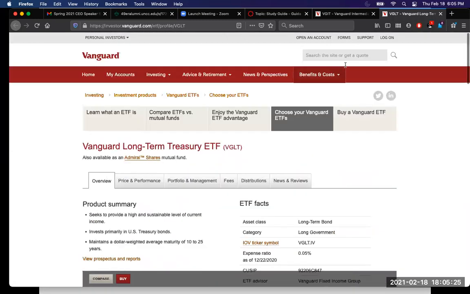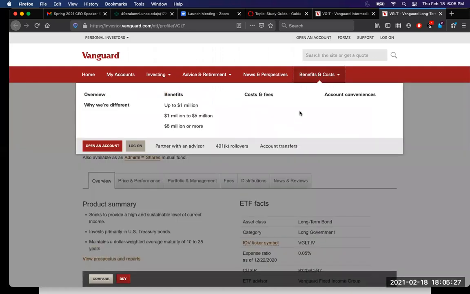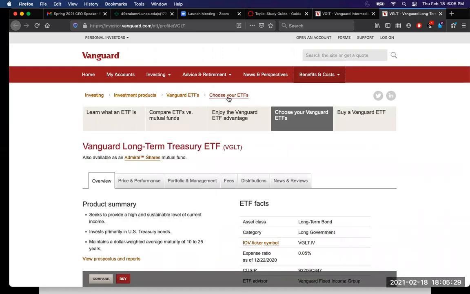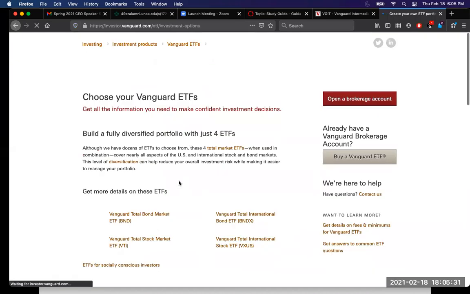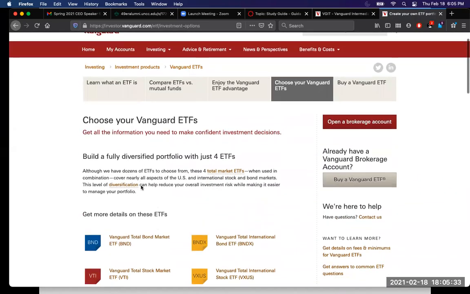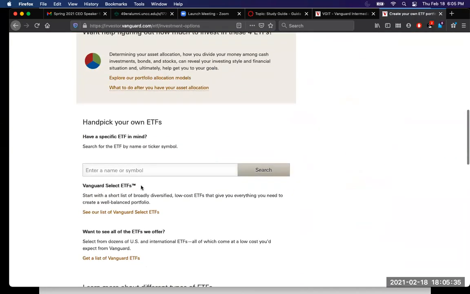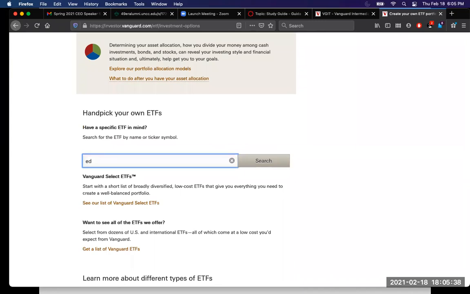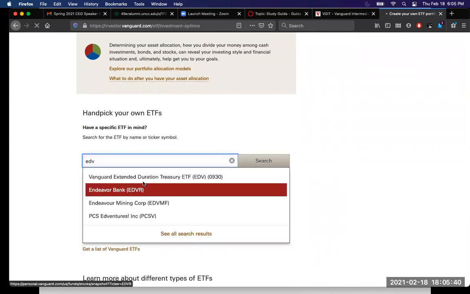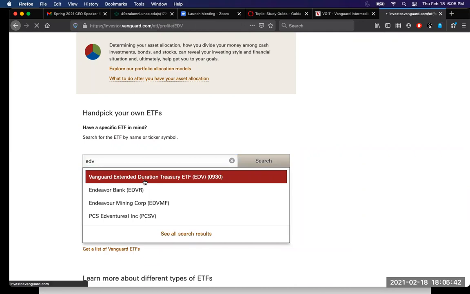What if we choose your ETFs? If I can do a search on here. Vanguard has one called EDV, Extended Duration Treasury Fund.